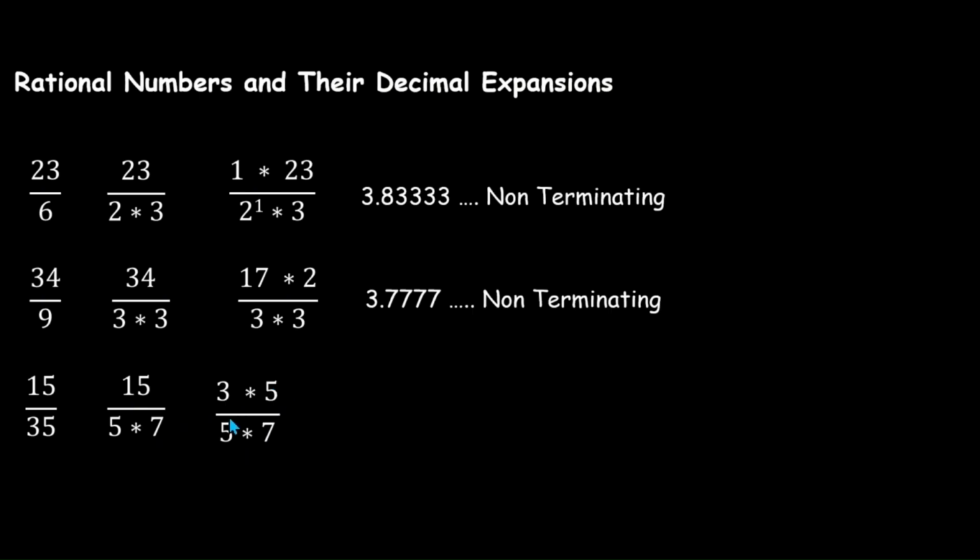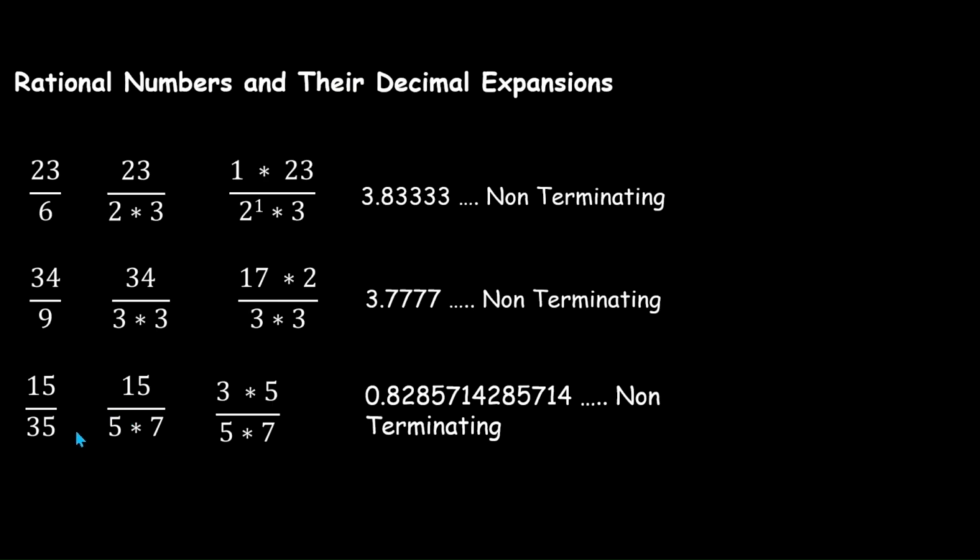So only 5 can be cut with 5, and what remains is 3 by 7. And definitely it is not in the standard 2 power m into 5 power n form. So we can conclude that 15 by 35 is a non-terminating decimal expansion.